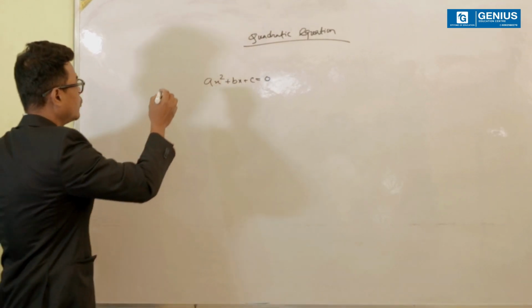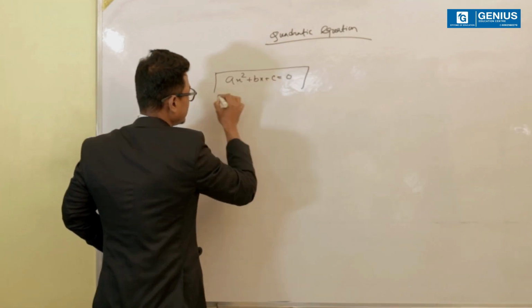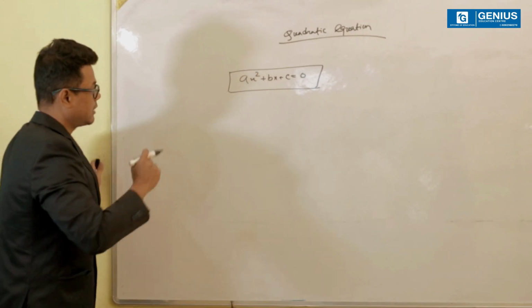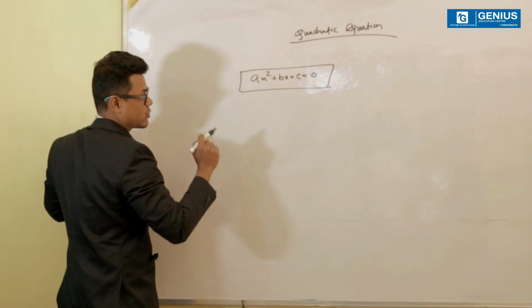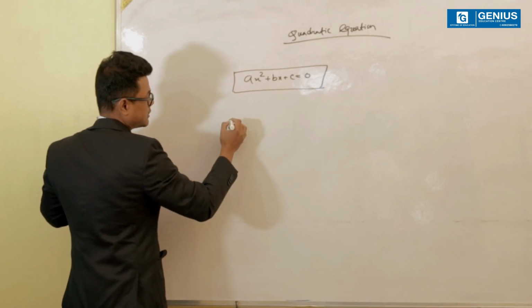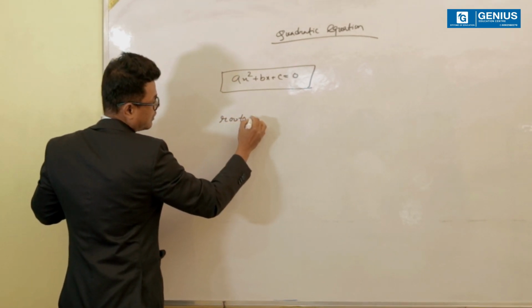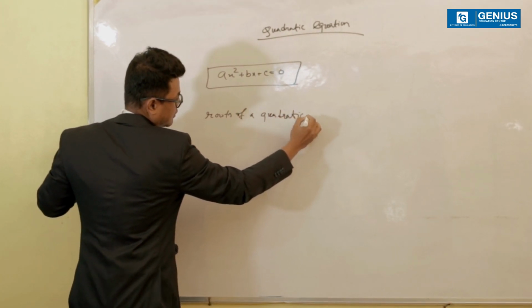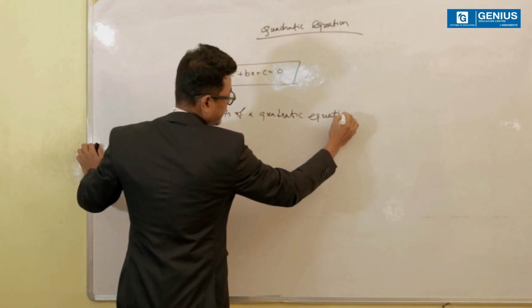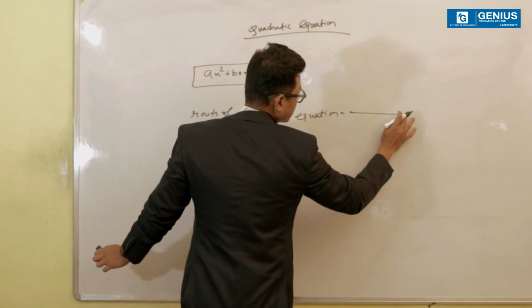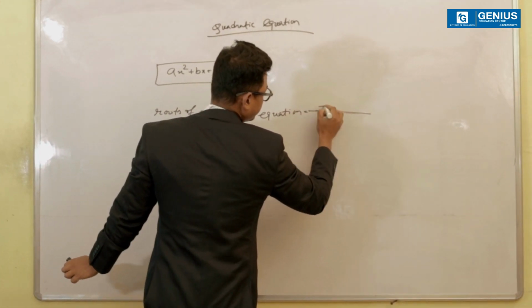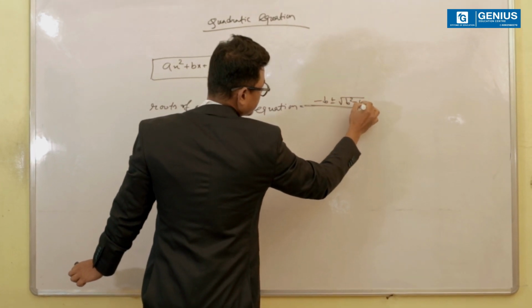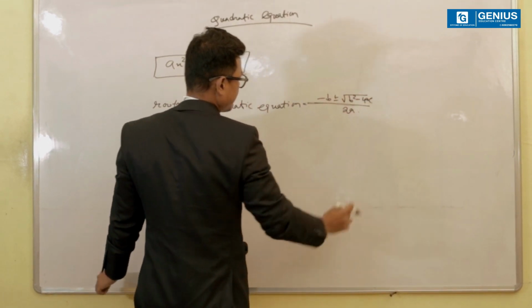We were able to solve quadratic equations by different methods, but the formula we used to solve a quadratic equation was: the roots of a quadratic equation can be written as minus b plus minus root of b square minus 4ac, divided by 2a, right?